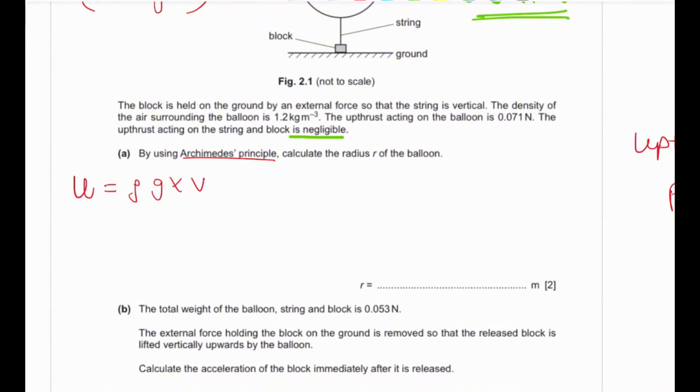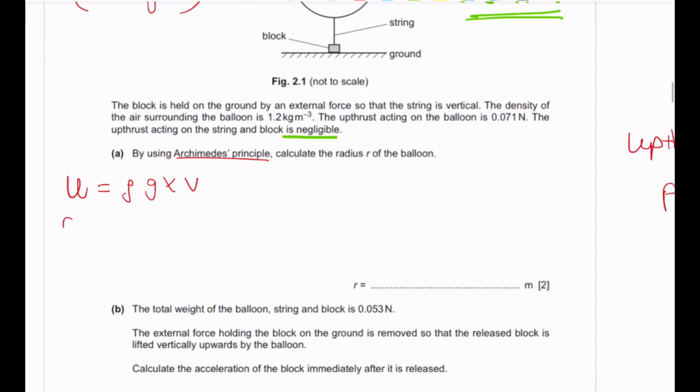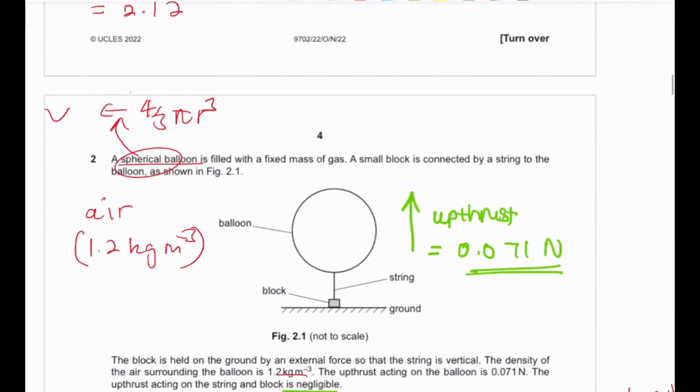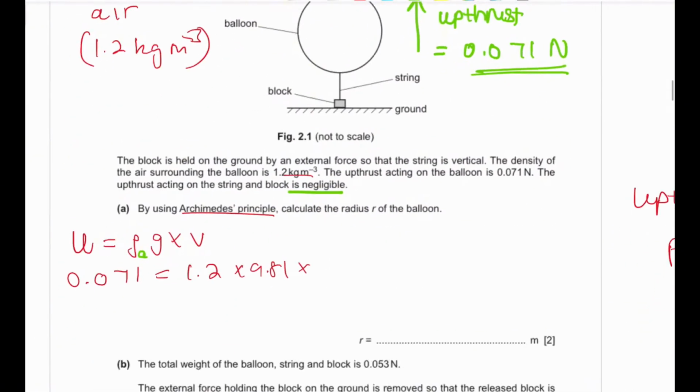Our upthrust is 0.071, and our density is the density of the air itself, which is 1.2 from the question, multiplied by 9.81. But how do you find the volume? Like I've said, it's 4 over 3 pi r cubed.